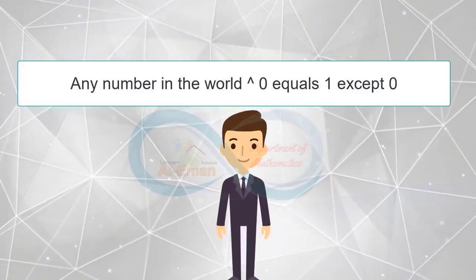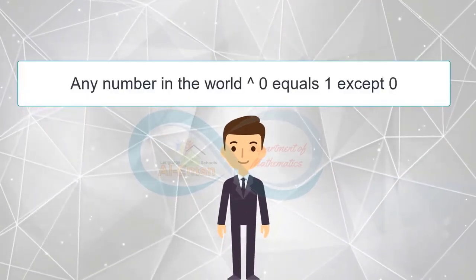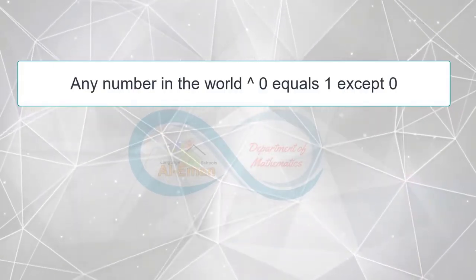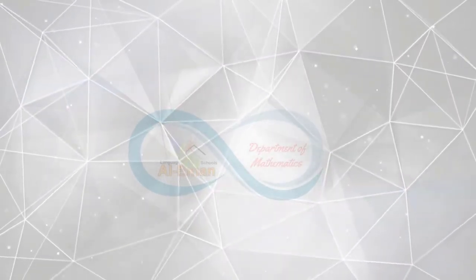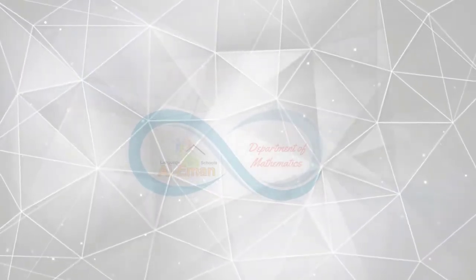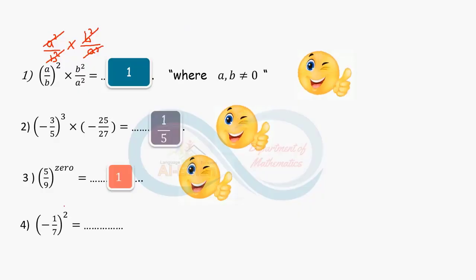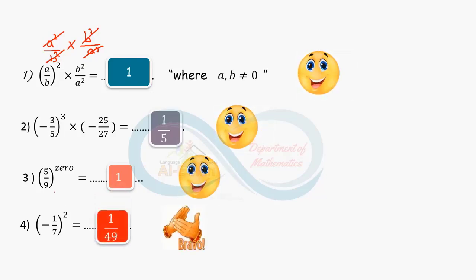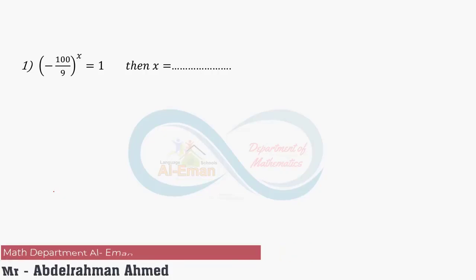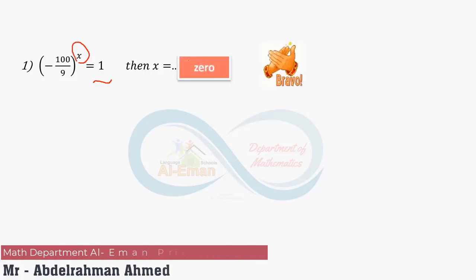Any number in the world to the power 0 equals 1. -1 over 7 all to the power 2. Bravo. -100 over 9 all to the power x equals 1, so x equals 0. Bravo.